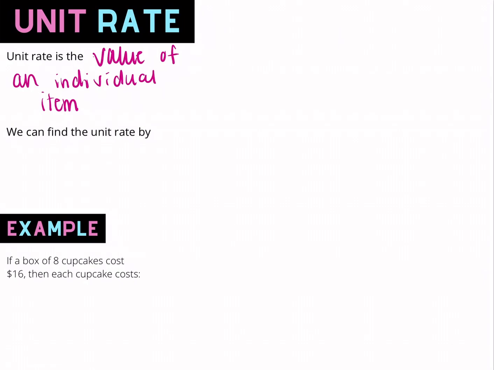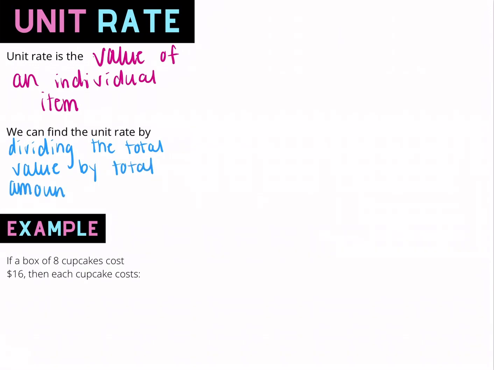So it's just like an individual item, and then we can find the unit rate by dividing the total value by the total amount of items.